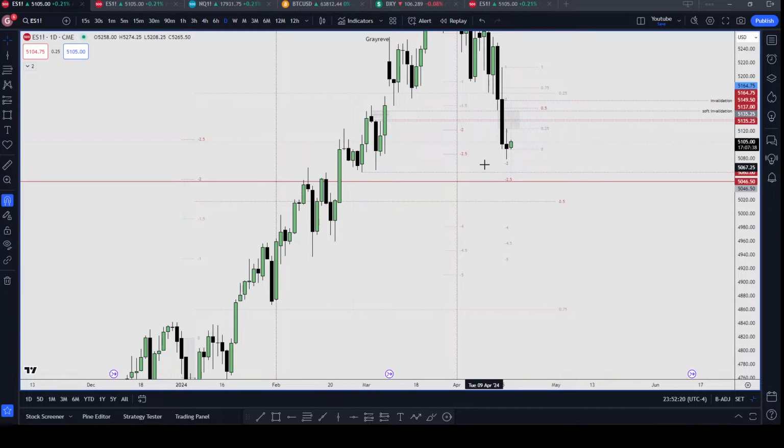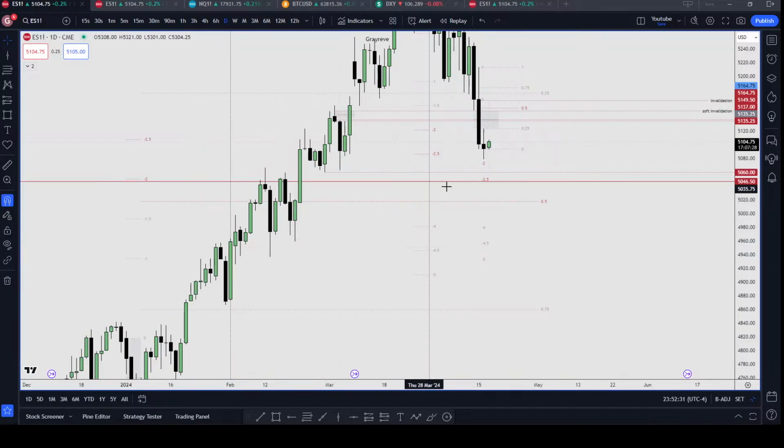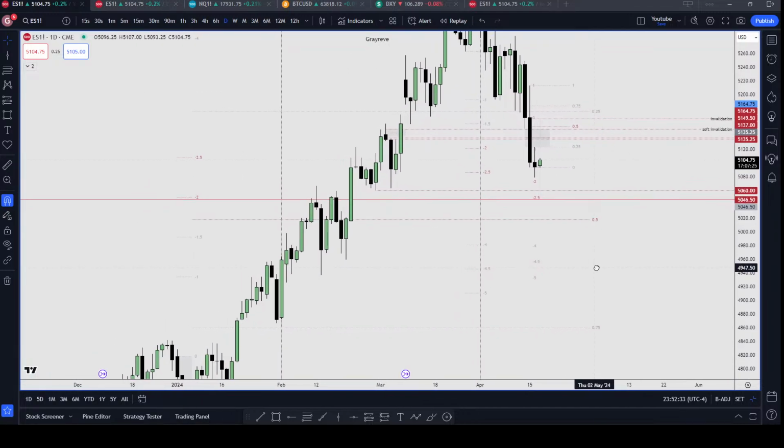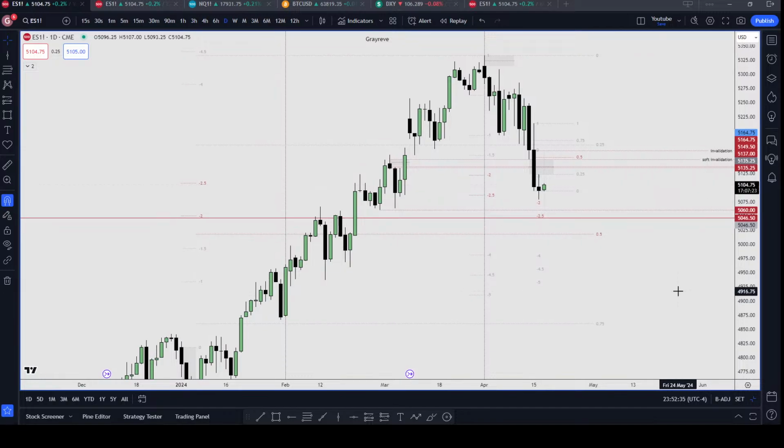So is this possible to be reached by the end of this week? I don't really think so, but can it do so? There is a possibility, right? So I'm just minimizing choppy price action here.